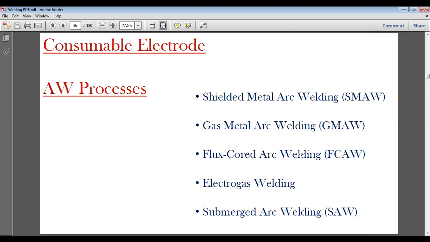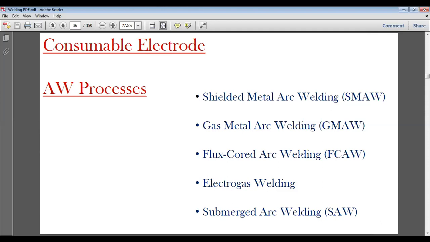So the electrode is consumed and melts and provides a pool and provides a bridge between the parent metals, the two metals that we have to join, and we provide a third metal that is made up of the consumable electrode.